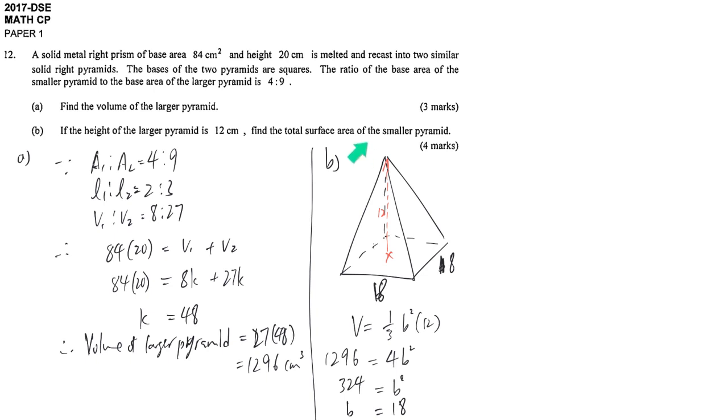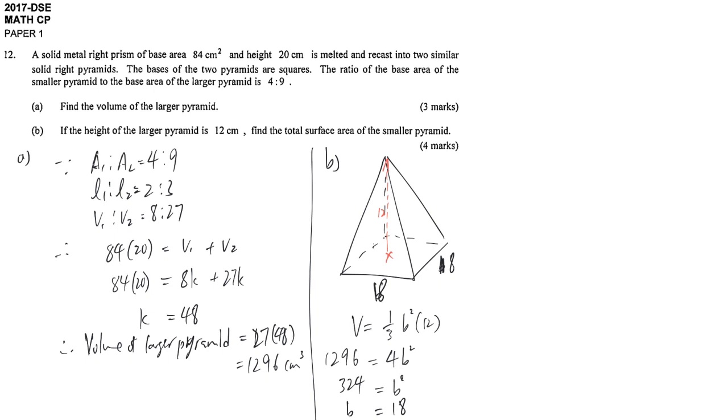There are two strategies for finding the total surface area of the smaller pyramid. You may calculate the total surface area of the larger one and then use the area ratio, or you may start drawing a smaller one and use the ratio to get every length of the smaller one. I'm now going to get the surface area of the larger pyramid first, then use the area ratio directly. I think it's more convenient for me.